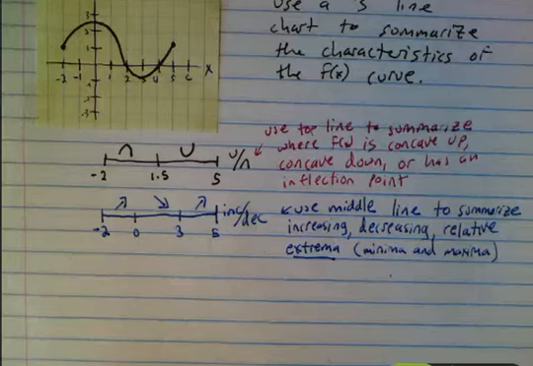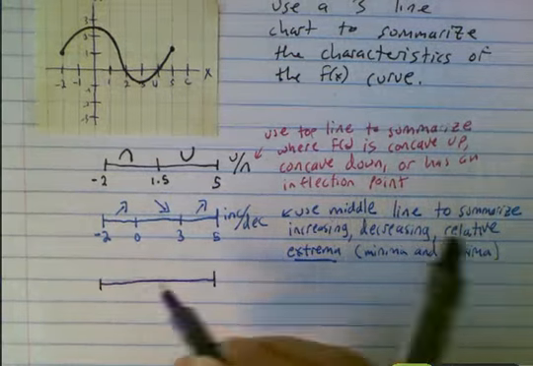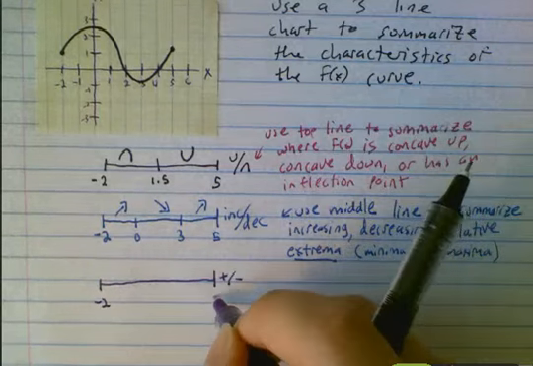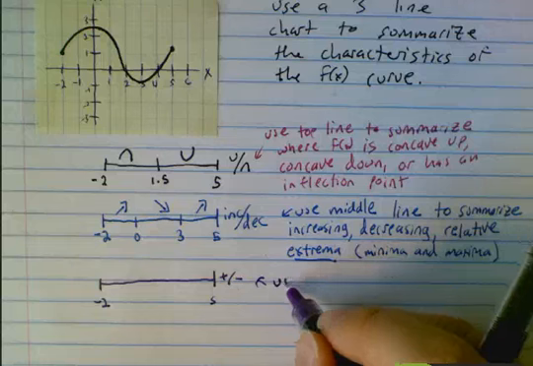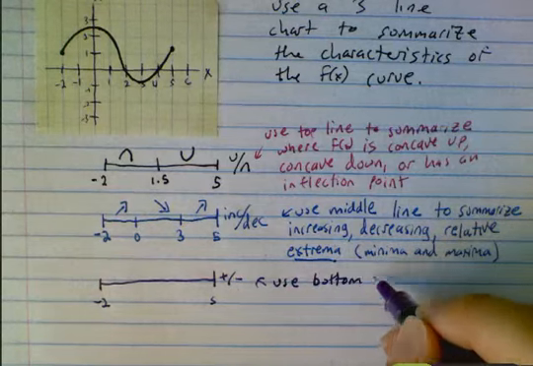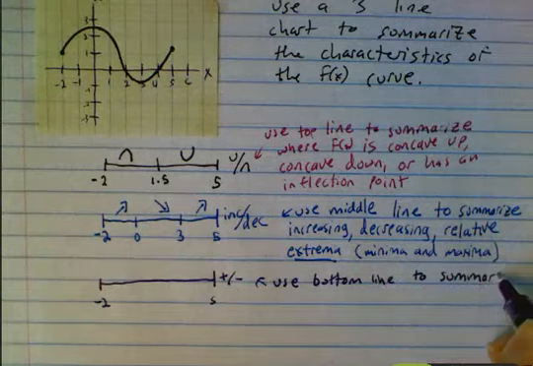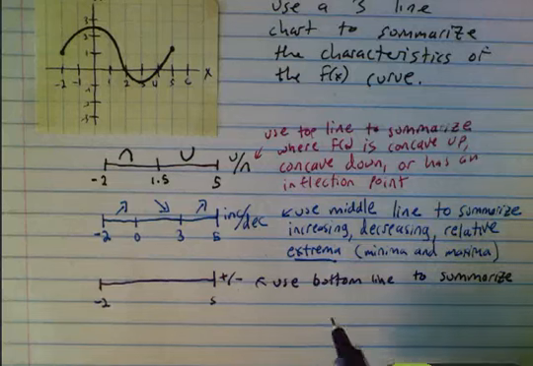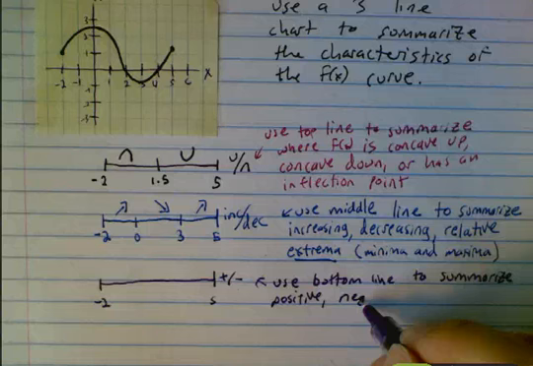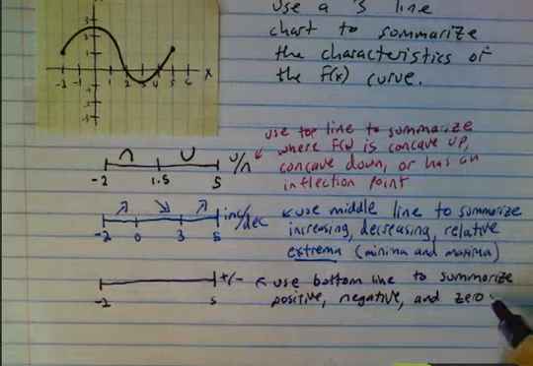Then our final line is plus minus. Use the bottom line to summarize positive, negative, and zeros.